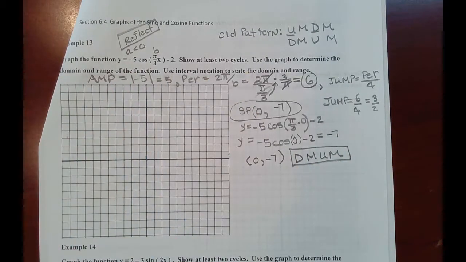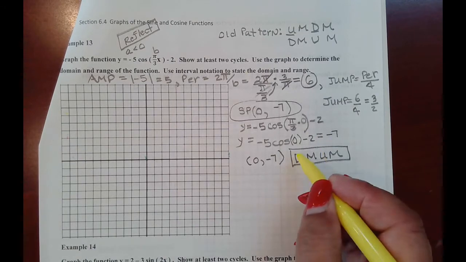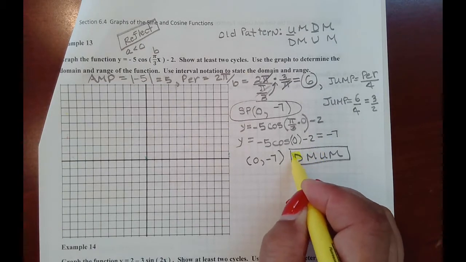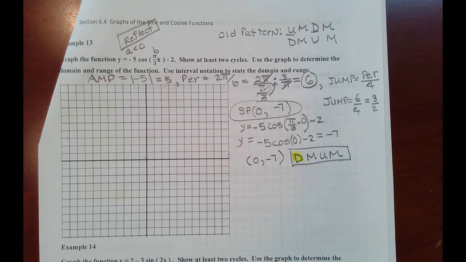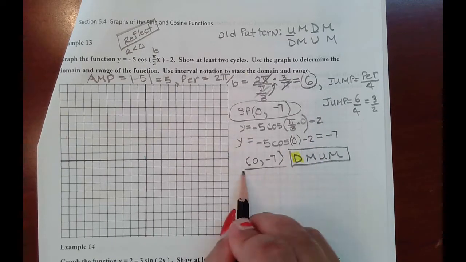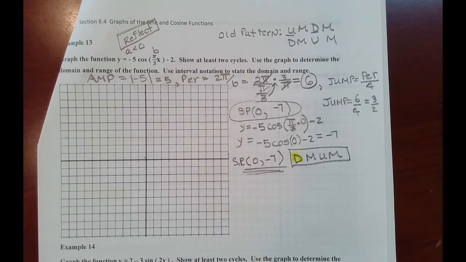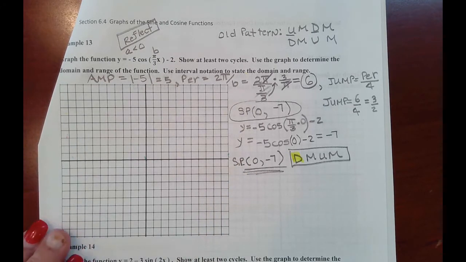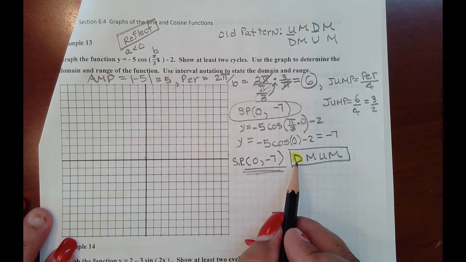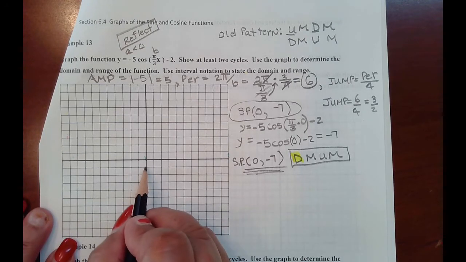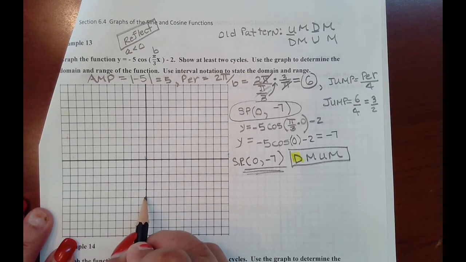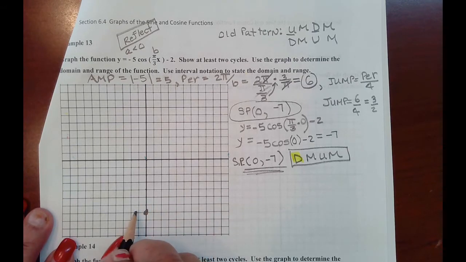Okay, and I keep trying to bring to your attention that the first letter tells you where this start point is. Tells you what level the start point is at. So we are at the lowest level, the most downward level when we plot the 0 and -7. This will be 1, 2, 3, 4, 5, 6, 7. This will be -7 right here.